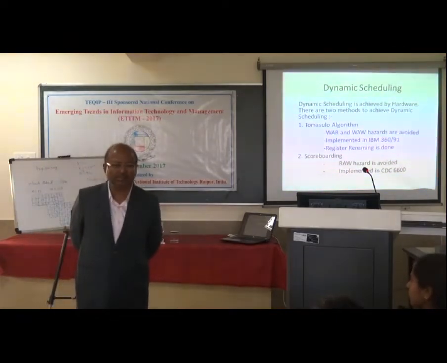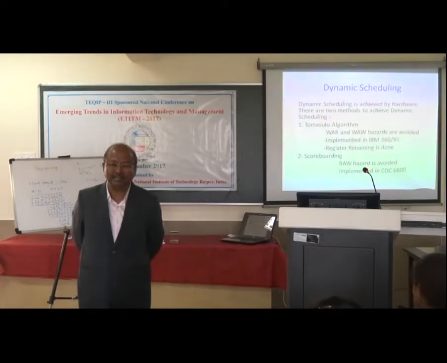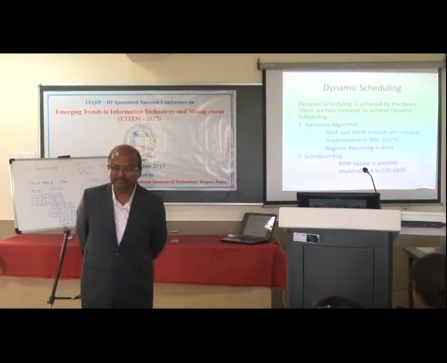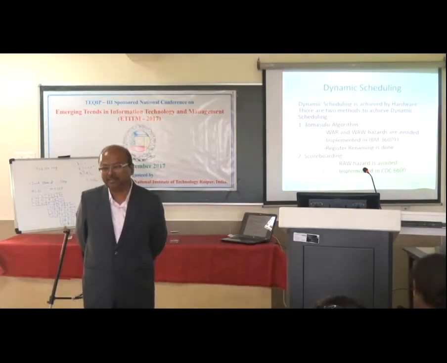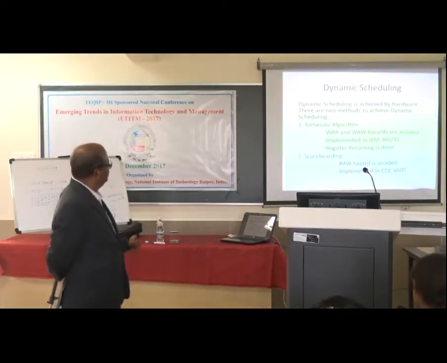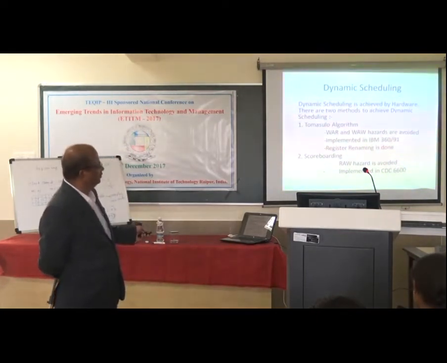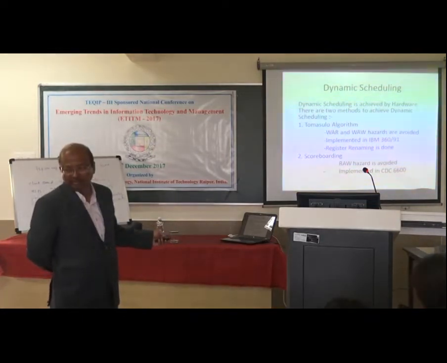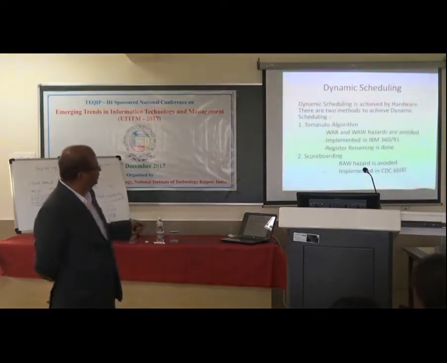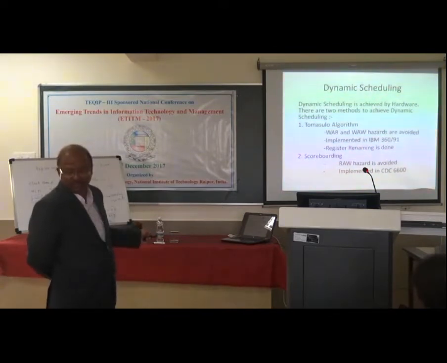It is in the book of Kai Hwang and is taken as a learning example everywhere. The IBM 360/91 used this Tomasulo algorithm, which was given in the year 1967. Tomasulo had given this algorithm, and this is what provides dynamic scheduling.